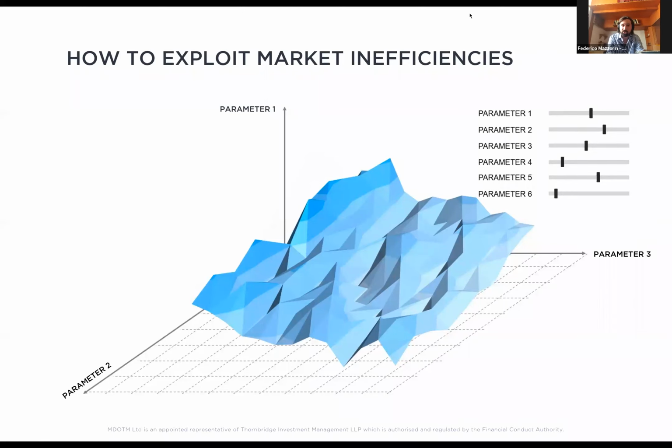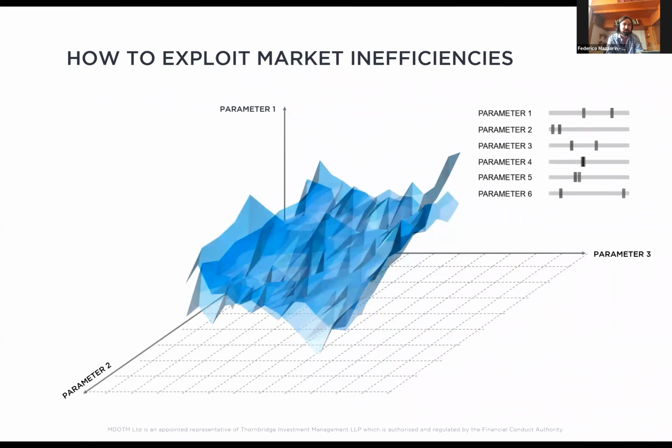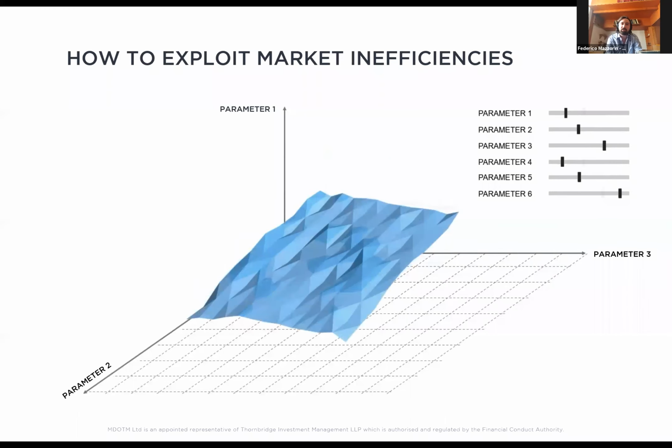In doing this training process, of course, the goal is not simply to get the best results, but to achieve great stability. That's because we want the model to be capable of delivering what it's supposed to do. So, for example, in this chart, we can change the parameters. We can find the best spot, but it's not stable. It's not good, because if things change a little bit, then the model fails.